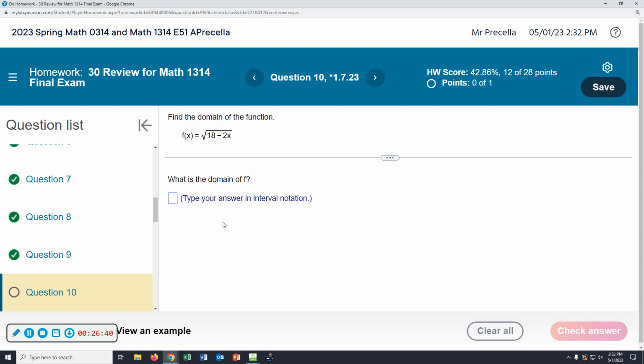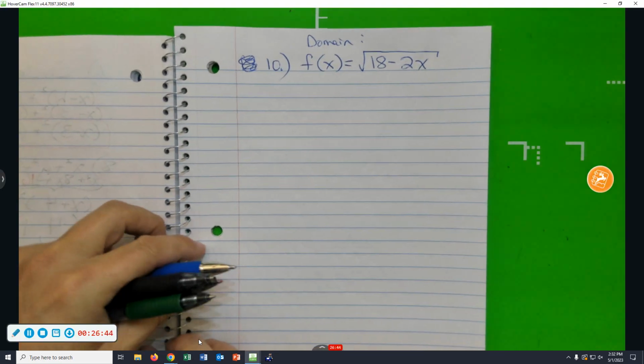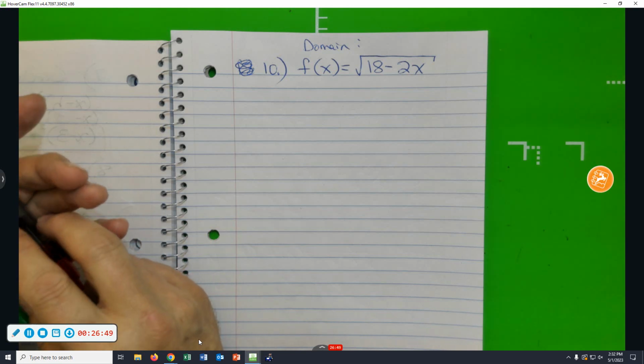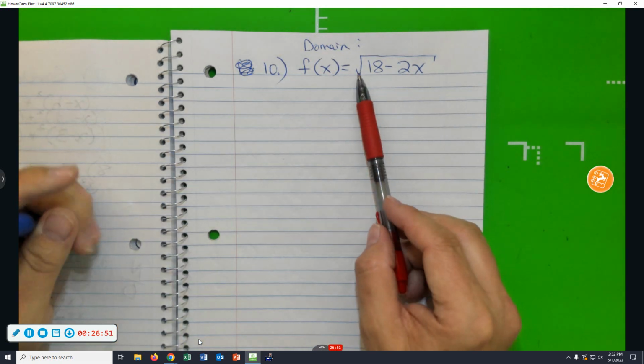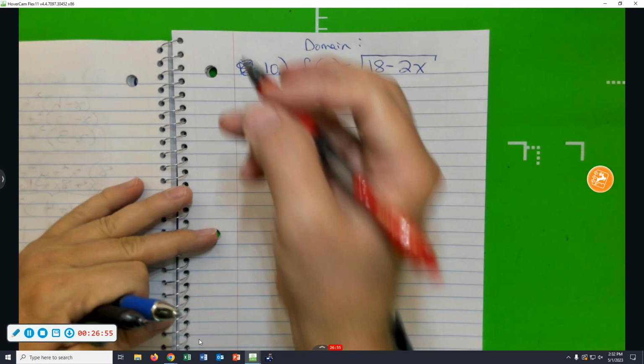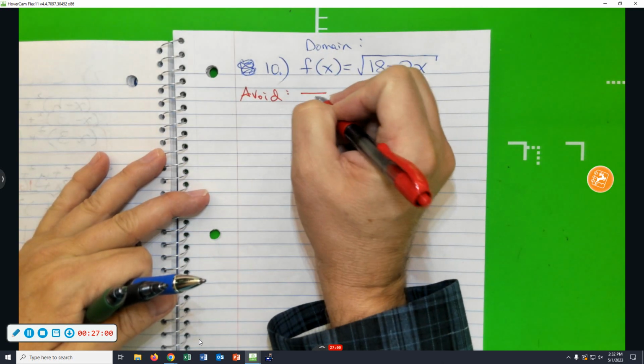If it's a fraction, we don't want a denominator of 0. If it's a square root, there are two general things you have to avoid when you're finding domains. You have to avoid that denominator of 0.